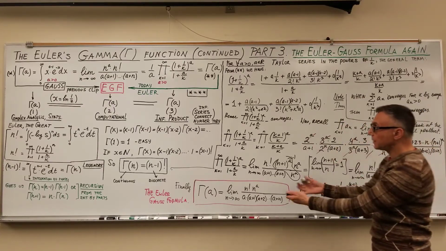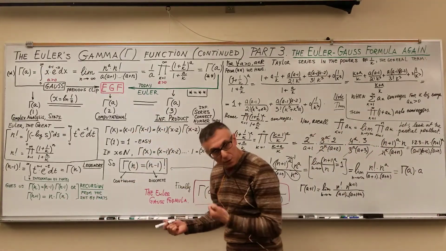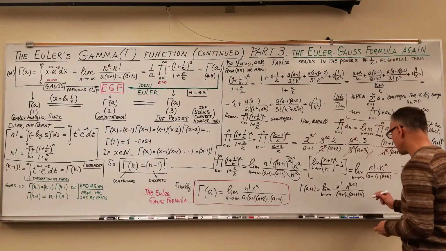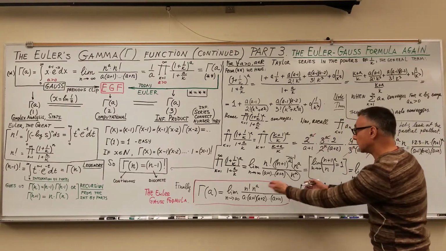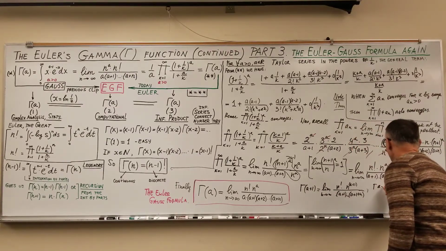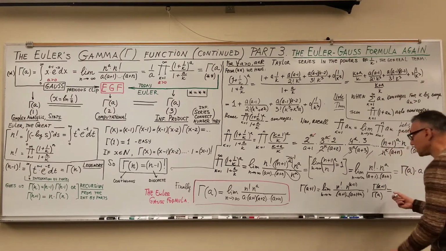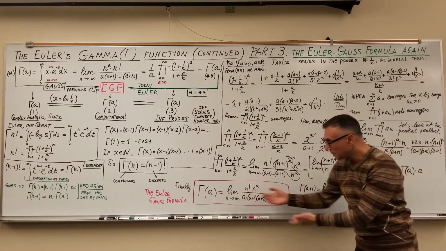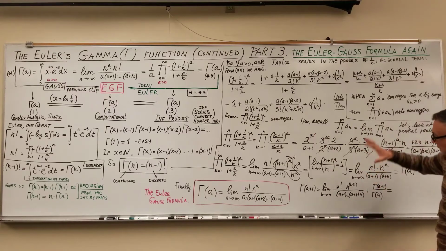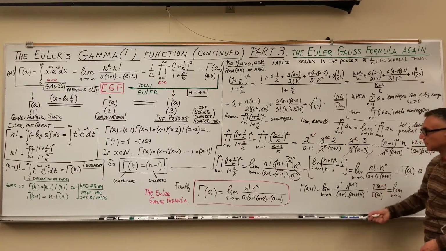And if I look at the ratio of those two, I'm trying to see if the recursive property is there. It's actually there. So the ratio, gamma of a plus 1 over gamma of a, will just equal the limit, the same index, n goes to infinity, of this divided by that.